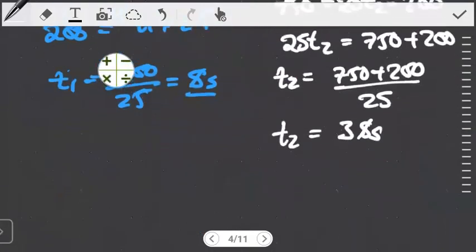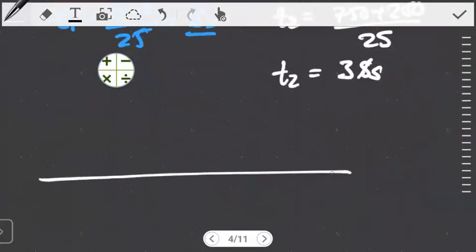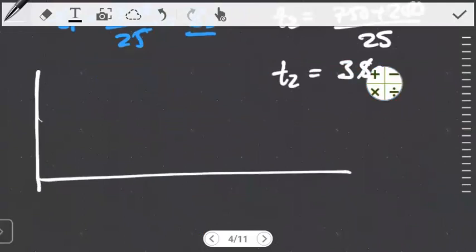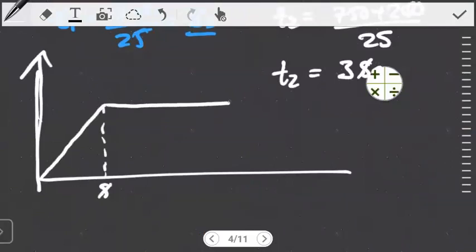Now notice what we have. It's like we have our velocity time graph now. In the first part, the car accelerates, and it accelerates for 8 seconds. And it maintains this velocity such that the time now here is 38.